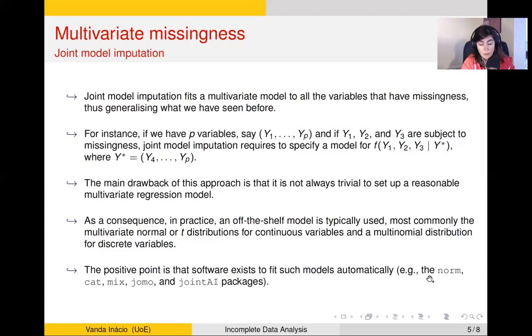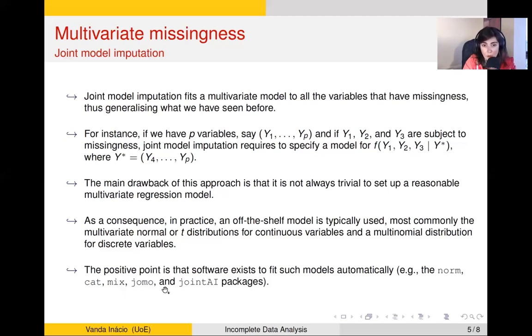And norm was the first package proposed for joint model imputation. It uses normal distributions, and then we have cat for when the variables having missing values are discrete or categorical. Mix is for the case where variables having missing values are both continuous and discrete, so this package has functions to deal with such situations.